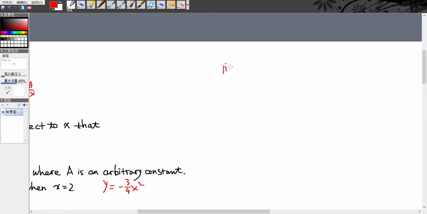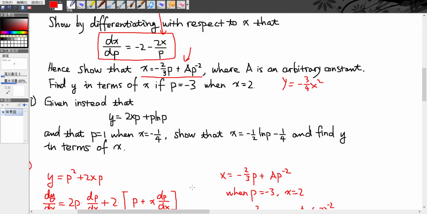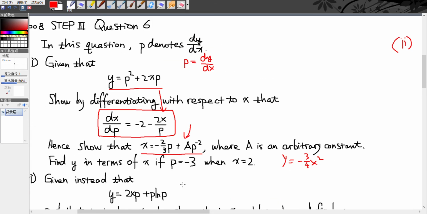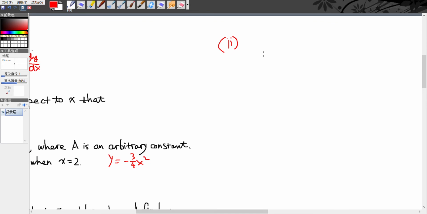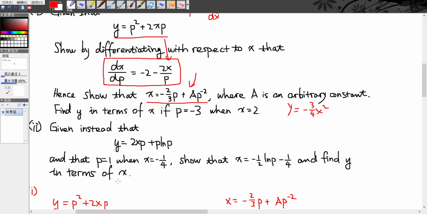Now we move on to the second question. The second question says that given instead that y is equal to 2xp plus p ln p, and that p equals 1 when x equals negative 1 over 4, show that x is equal to negative 1 over 2 ln p minus 1 over 4 and find y in terms of x.